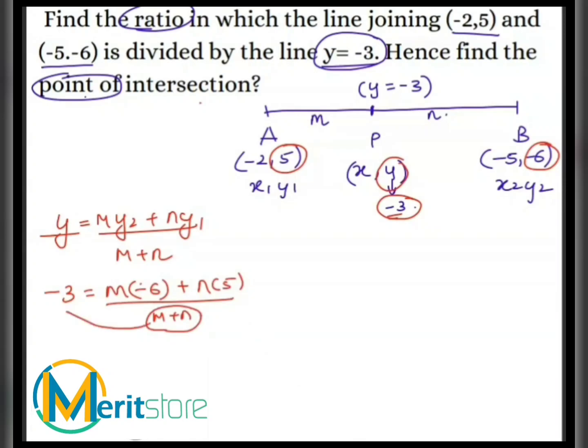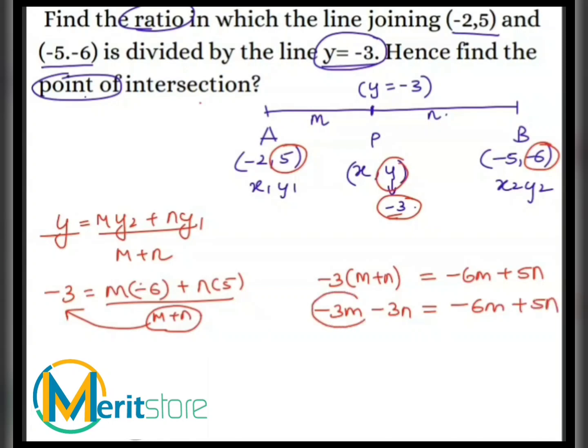We'll take m plus n on the other side here. So it becomes -3 m plus n is equal to -6m plus 5n. This becomes -3m minus 3n. We open the bracket. Now, I'm going to take this to the right hand side and this to the left hand side.